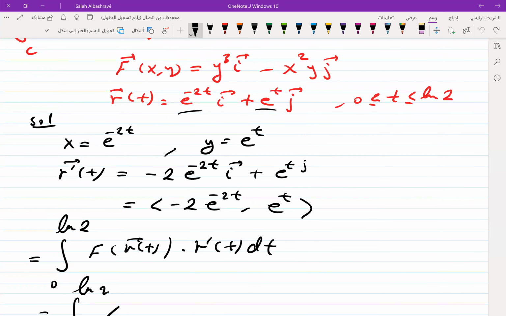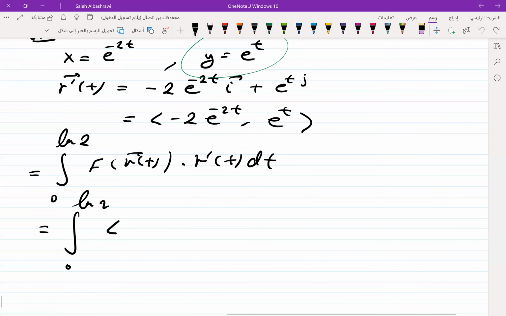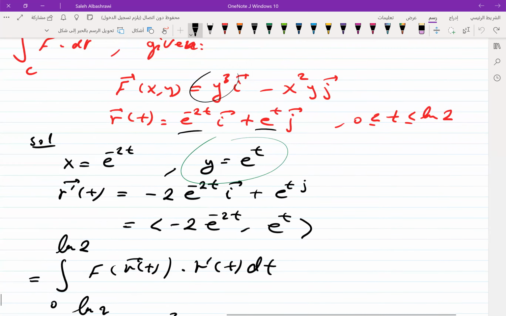The first component is y to power 3, and y is equal to e to power t. So the first component is e to power t all to power 3. My function again is y to power 3.